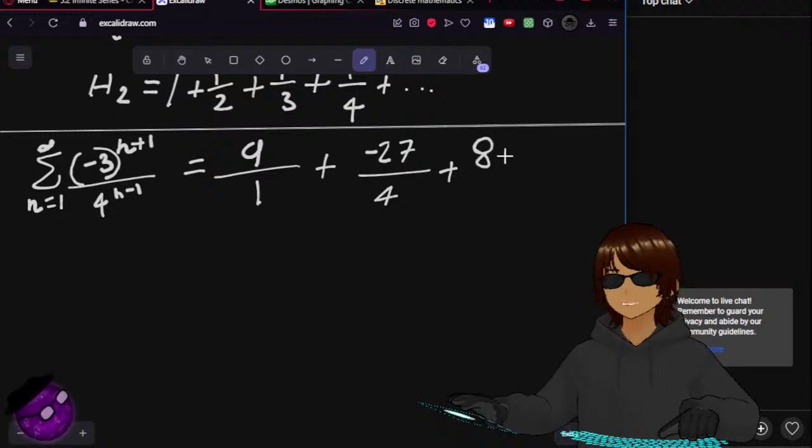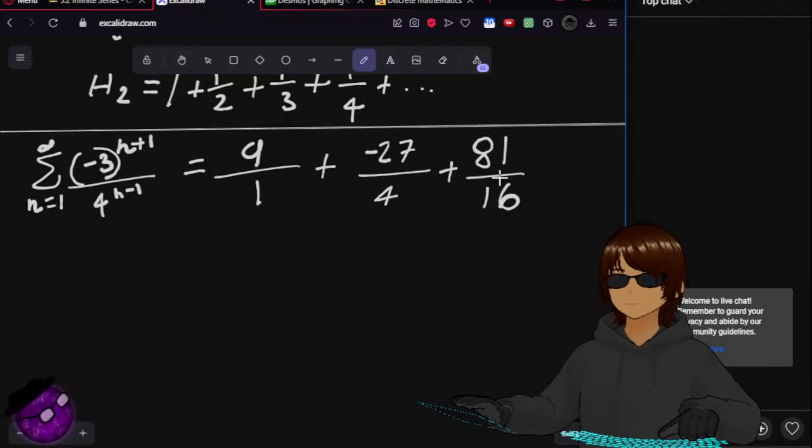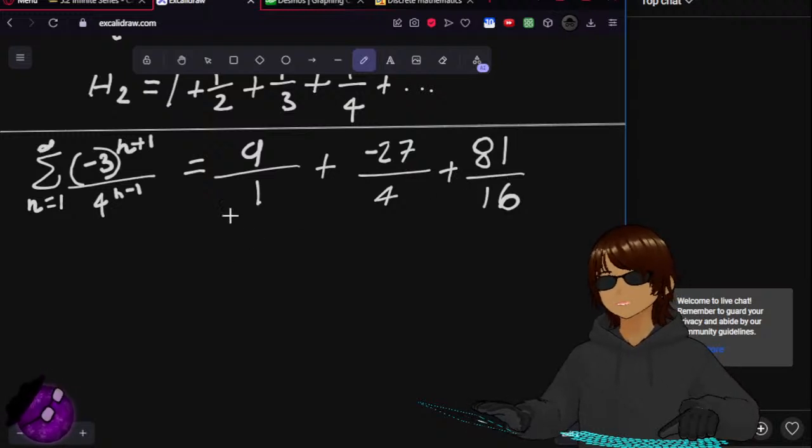I'm using a calculator. 16. So it's starting with 9 over 1. Then it's multiplying by negative 3 over 4. Right?